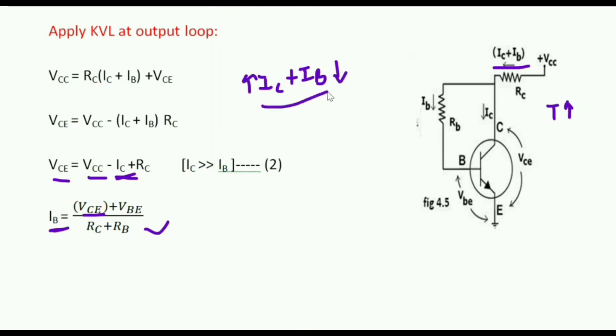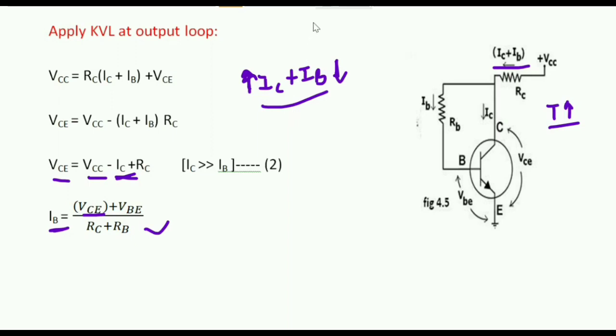Then the sum will remain close to the previous value, because the increase in IC will be offset by the decrease in IB. This will keep the total current equal to the previous value. So even if the temperature increases, the collector current or the total current through the circuit is not changing. This is one kind of stability that we are getting from this circuit.